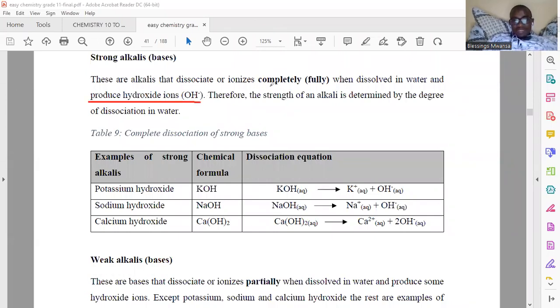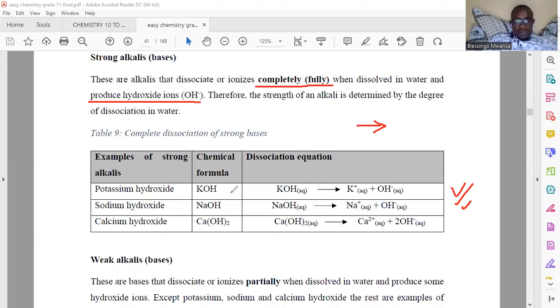It's complete dissociation. Remember, complete dissociation is determined by a single arrow. And this is what this table is trying to depict.